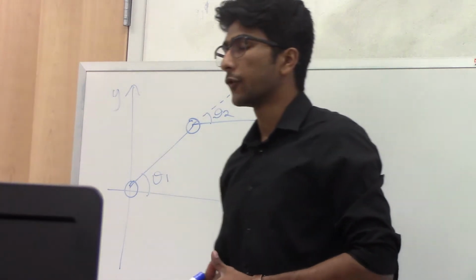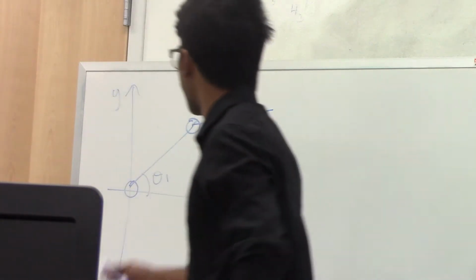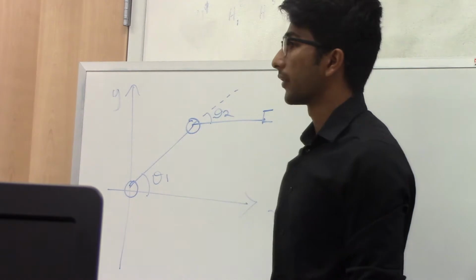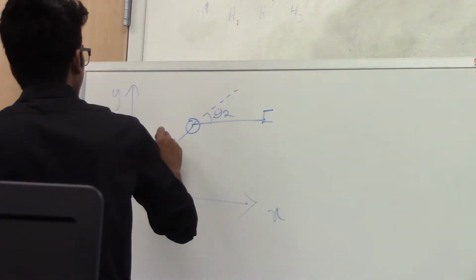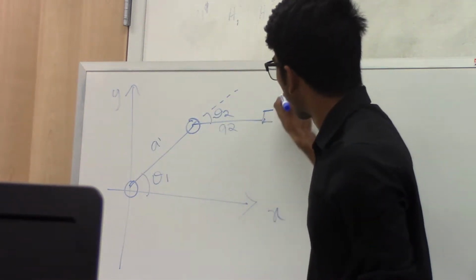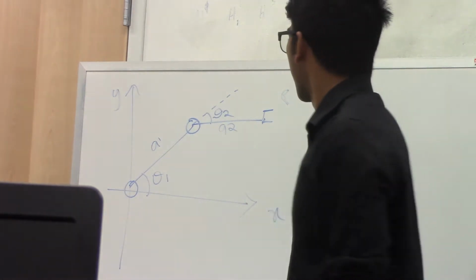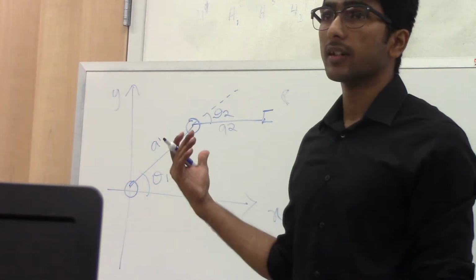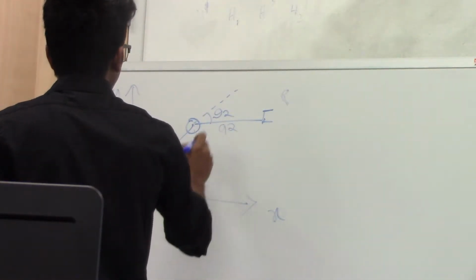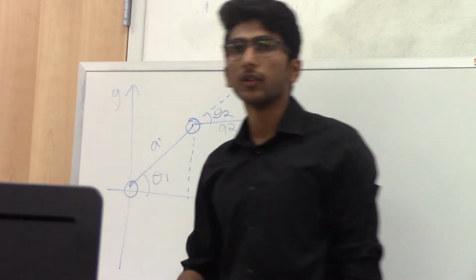If you are asked to calculate the forward kinematics, let's say you have a question: what happens if I set θ1 to 30 degrees and θ2 to 45 degrees, and I know the link lengths A1 and A2? Will you be able to find the position of the end effector? Yes, using forward kinematics. We can solve this in a geometric way using trigonometry. You can create triangles here; you must have already done this in your second chapter.